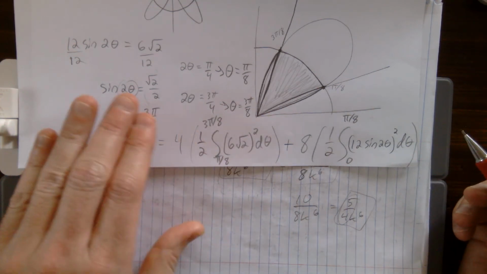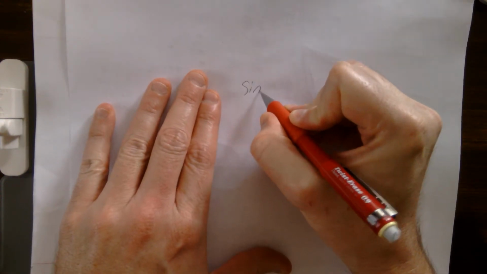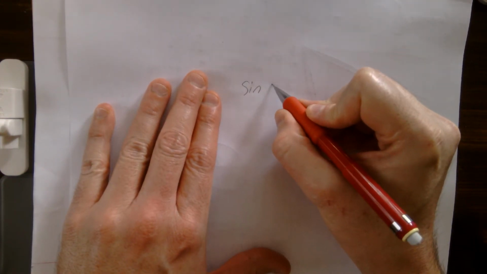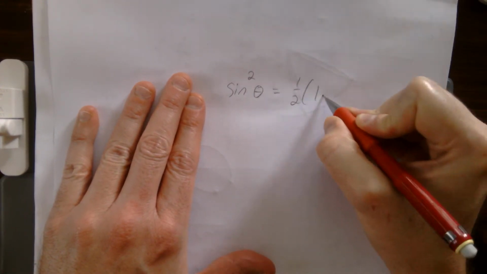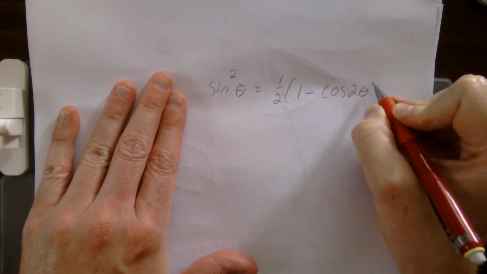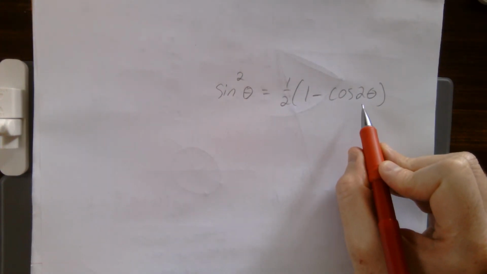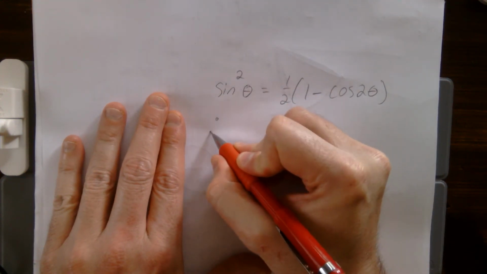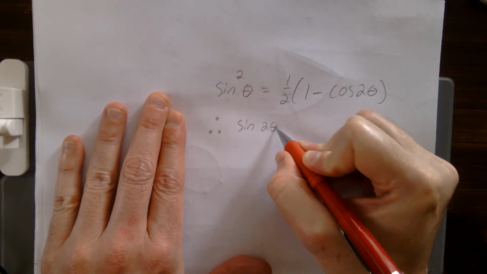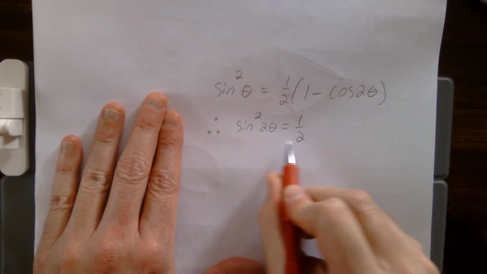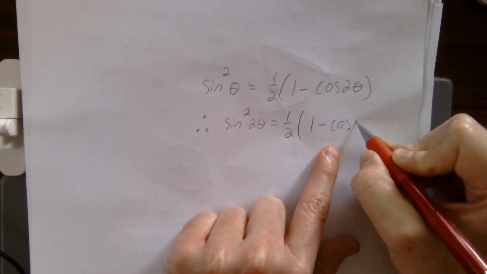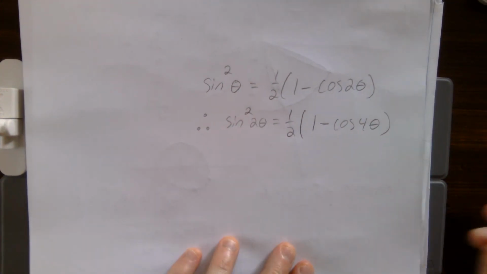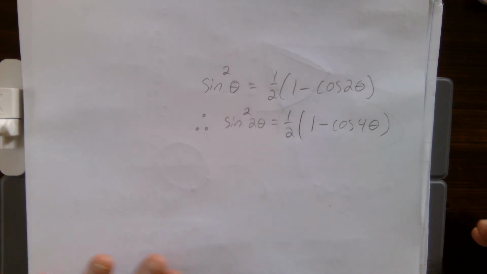You can use the identity: sine squared theta is going to be 1/2 times 1 minus cosine of 2 theta, which doesn't have a square, but it doubles the angle. Therefore, sine squared of 2 theta is the one we'll need. I'm modifying this to fit our need. It's 1/2 times 1 minus cosine of 4 theta. So this is the substitution that we'll need to make.